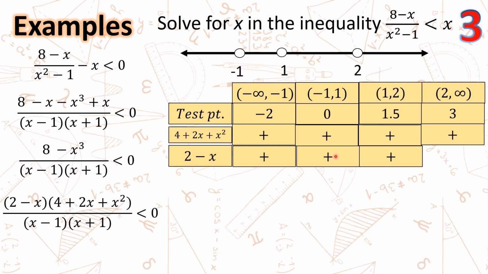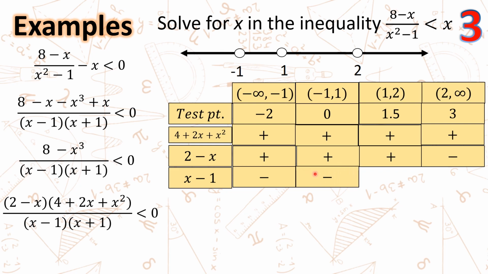And then at 2 to positive infinity using 3 as a test point, this is negative. And then in the denominator, we have x minus 1. Using test point negative 2, this is negative. Test point 0, this is negative. And at test point 1.5, this is positive. Also at test point 3, this is positive.